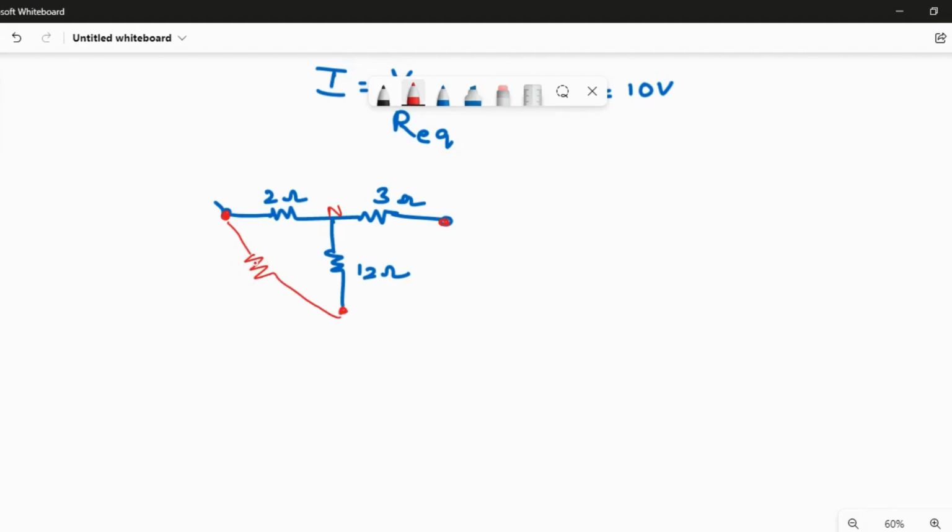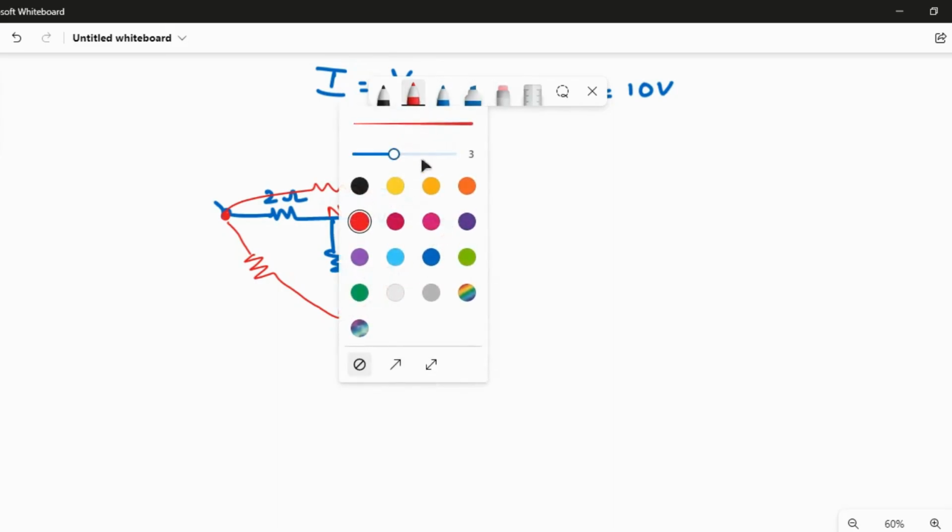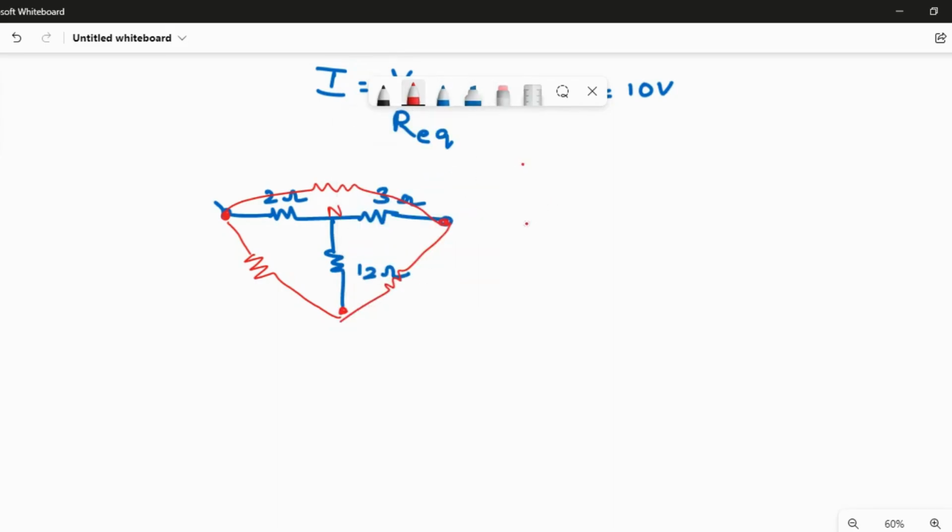So between these two I'm connecting one resistor, here one more, and between these two one more resistor. Now these three are in delta. So your delta network will be this. After replacing the star network, you have to connect this delta.